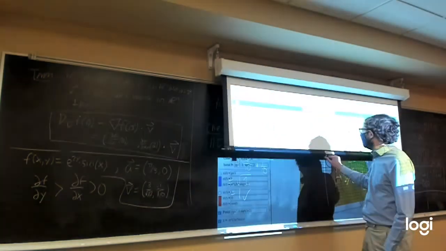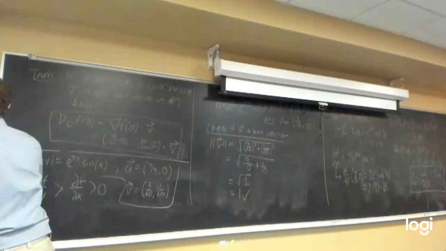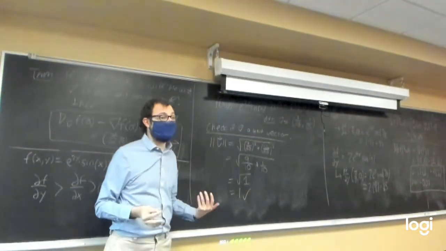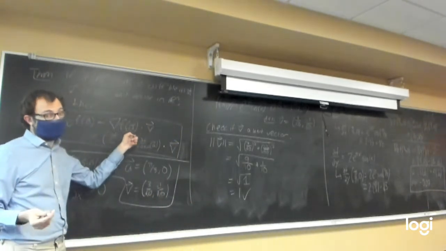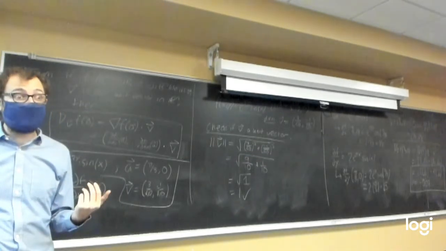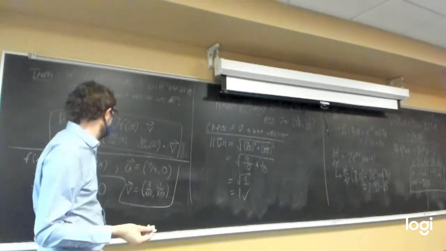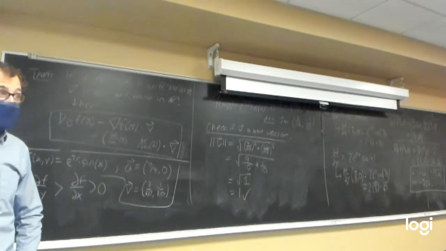Honestly, everything that we did as part of this process is stuff I think you could have done in previous standards, other than knowing this formula. Because finding the gradient of f at a point, that's something we did back in standard 8. Taking dot products, that's something we did back in standard 2.